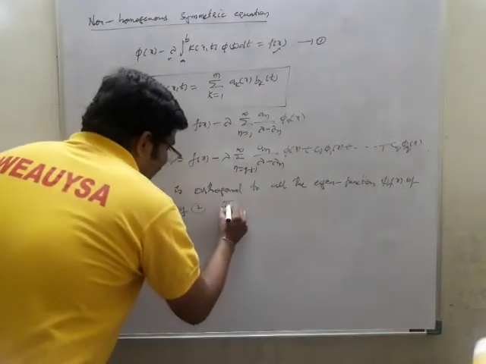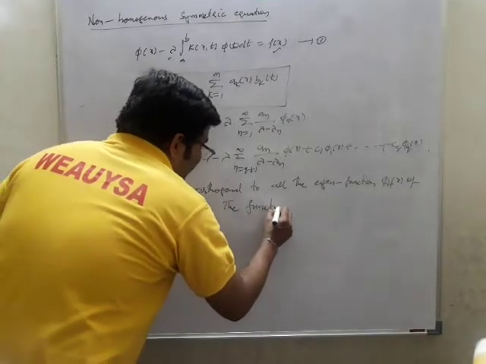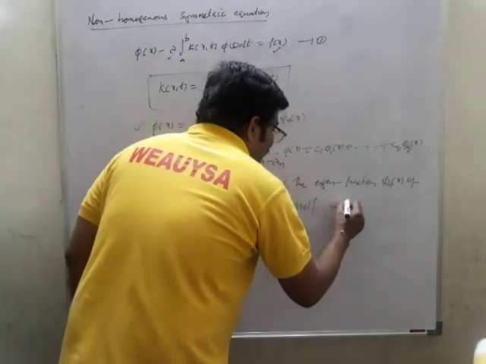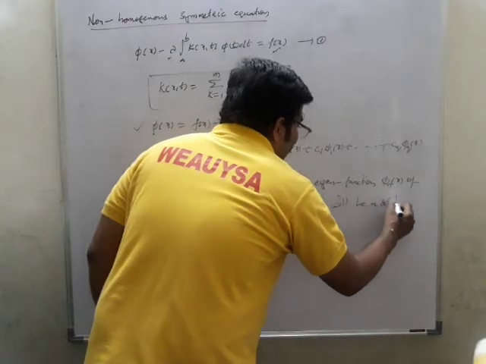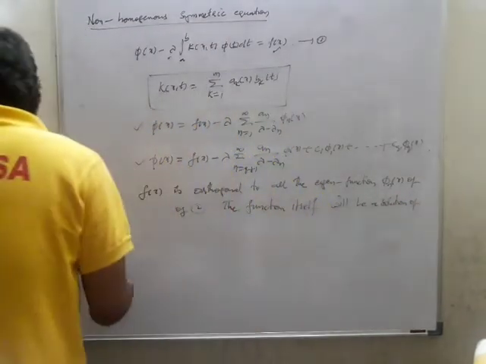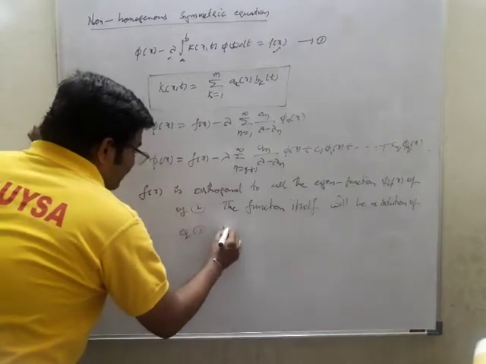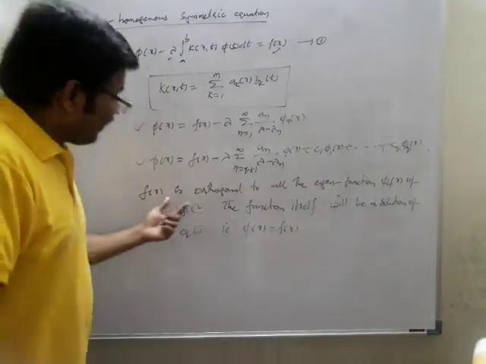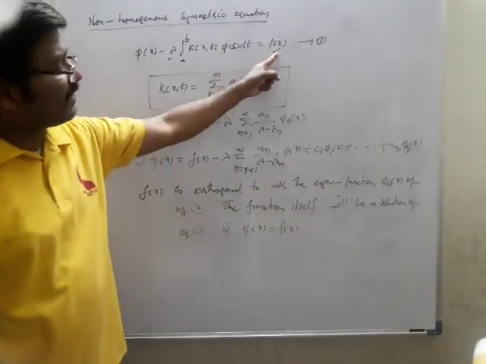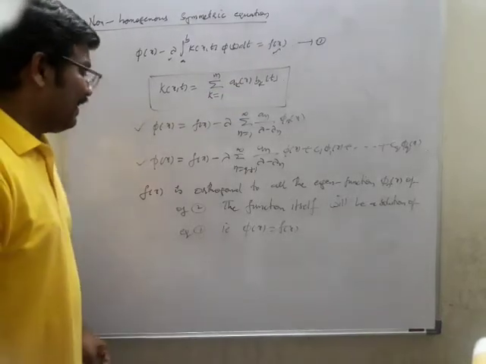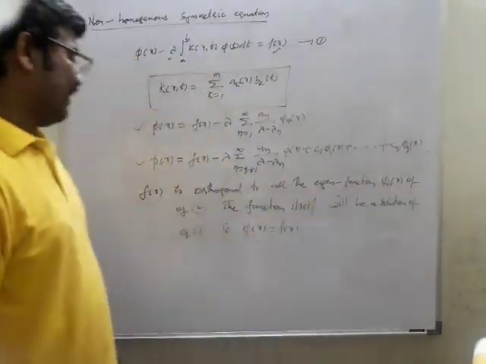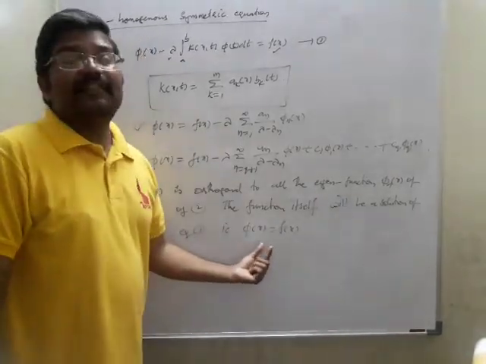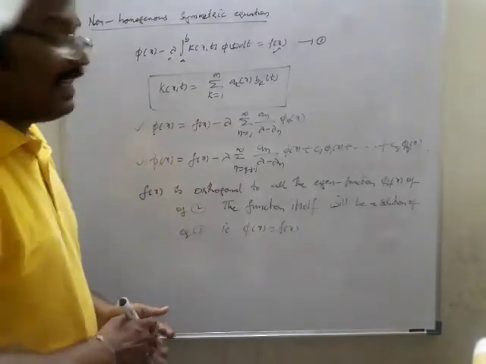Then the function itself will be a solution of equation 1, that is, phi of x is equal to f of x. So the right hand side f of x of the non-homogeneous equation is orthogonal to all the eigenfunctions phi n of x of equation 2. The function itself will be the solution of equation 1, that is, phi of x is equal to f of x.